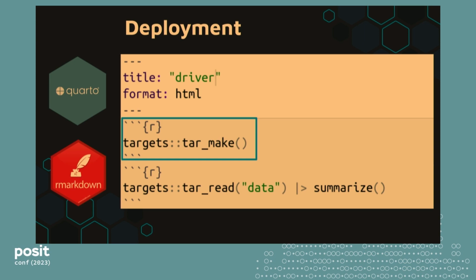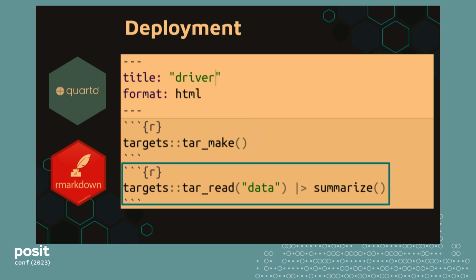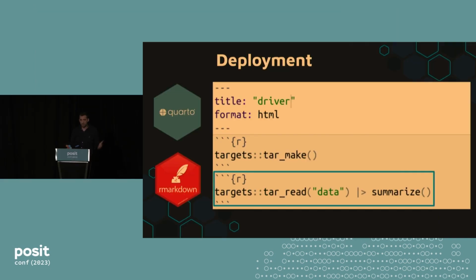And you can also easily read any previous object that has been computed and display it in your report. For example, here we summarize the data object that we computed in the pipeline. And now everything is inspectable. You can create your codebooks. You can create your validation reports and extend your report that is generated during the pipeline.